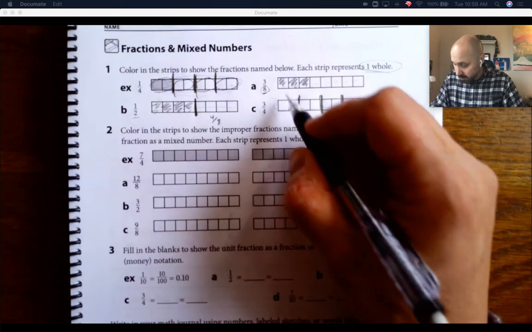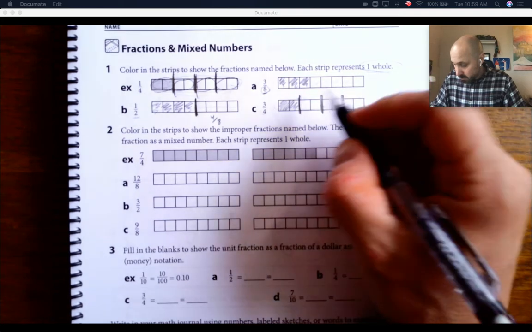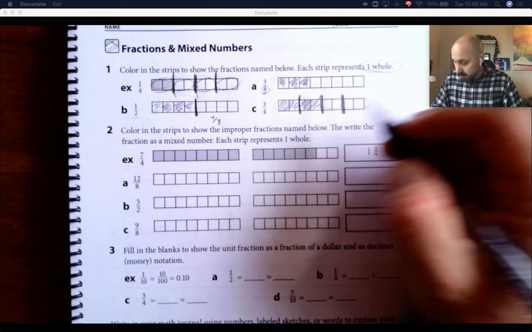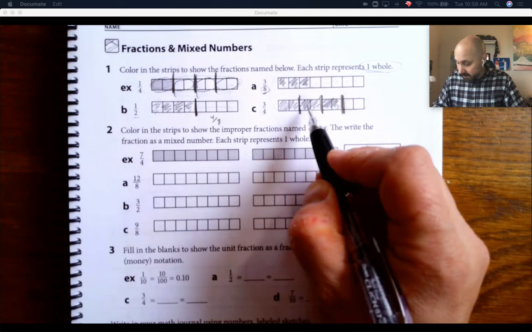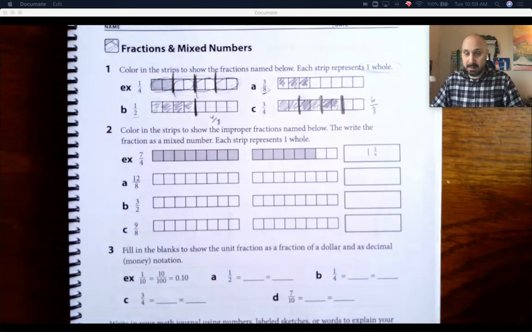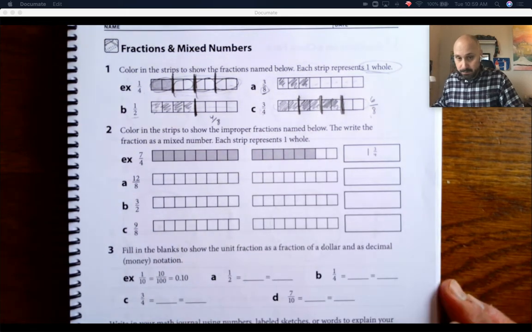I'm going to shade in this fourth here. There's 1/4. Here, there's 2/4. I'm going to shade in this one. There's 3/4. Okay, so how many pieces did I shade in? 1, 2, 3, 4, 5, 6. So I shaded in 6 of the 8. And guess what? 6/8 is equivalent to 3/4.